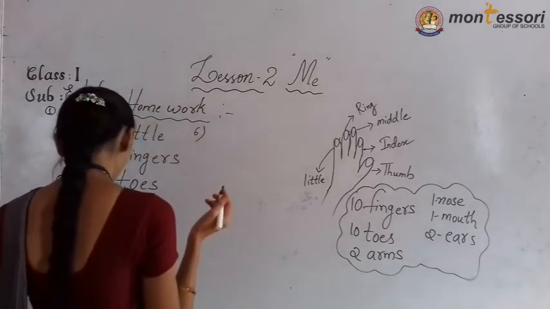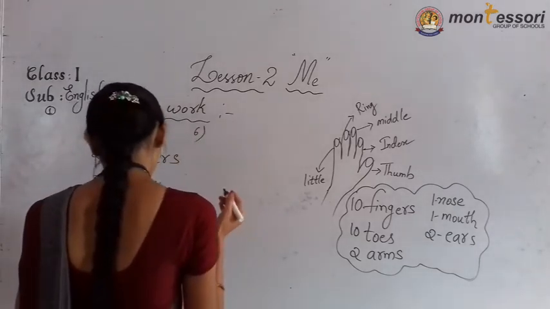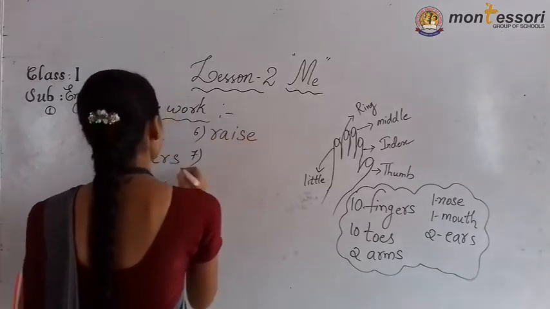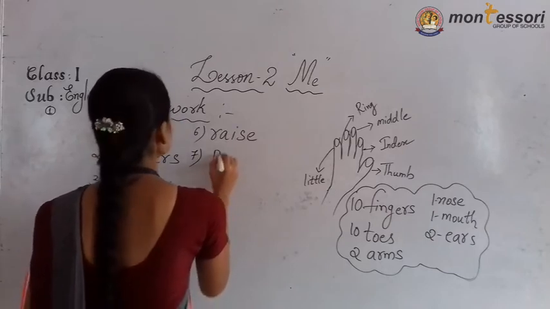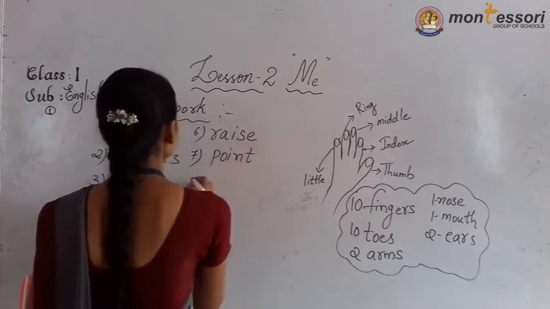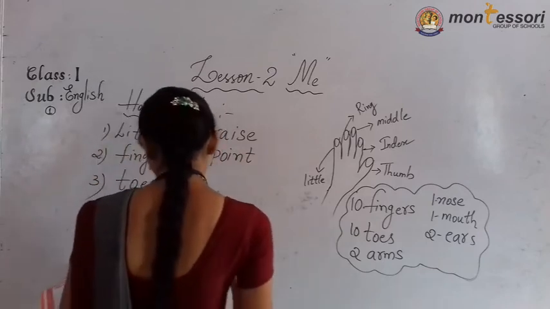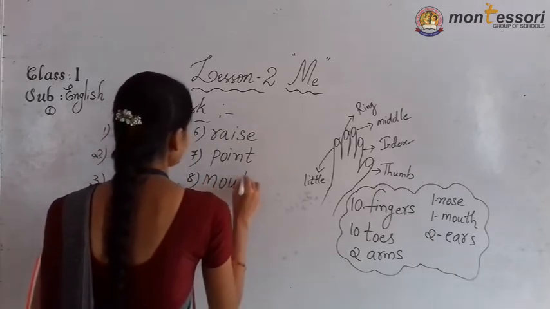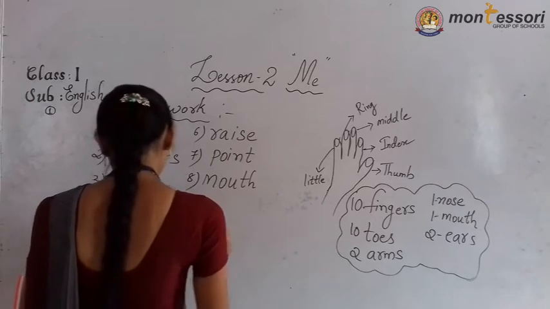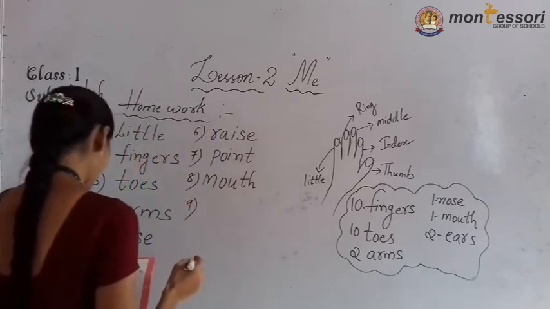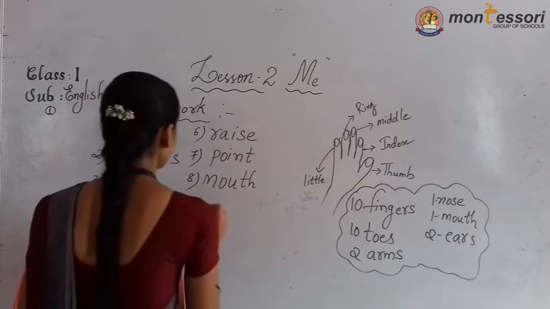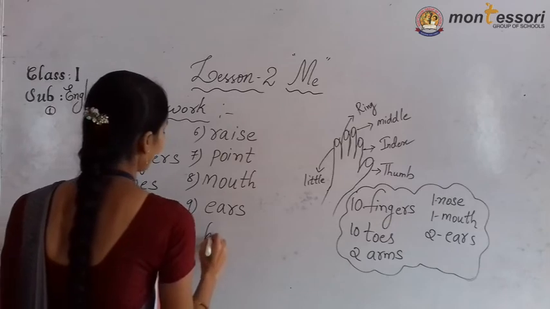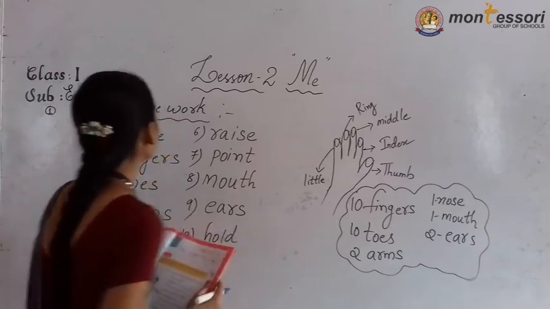Sixth one, R-A-I-S-E, raise. Seventh one, P-O-I-N-T, point. Eighth one, M-O-U-T-H, mouth. Ninth one, E-A-R-S, ears. 10th one, hold. H-O-L-D, hold.